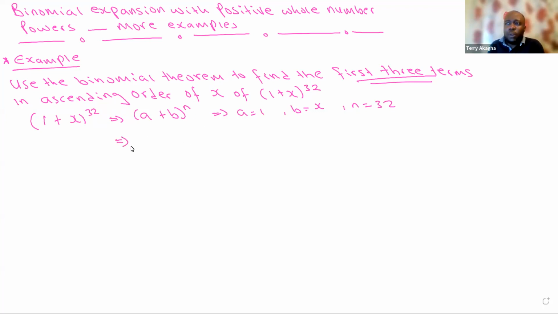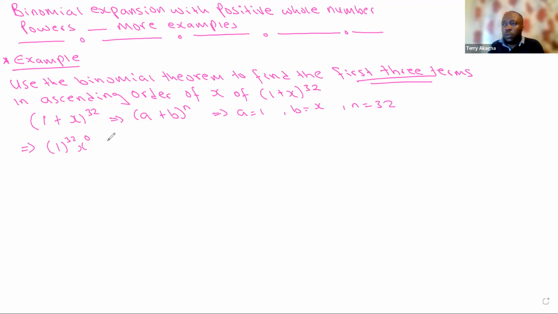Now, if you put it in the formula straight up like this, it's going to be 1 to the power of 32, x raised to the power 0.